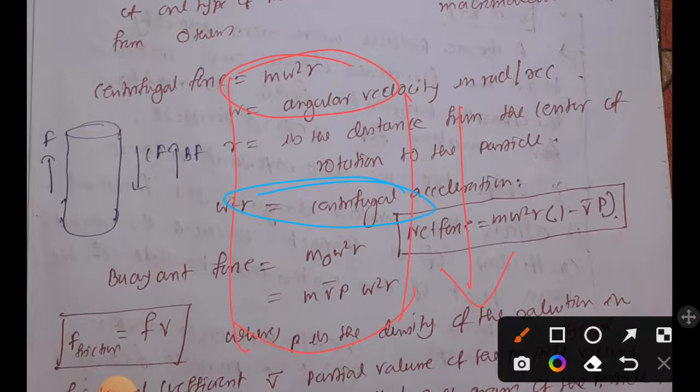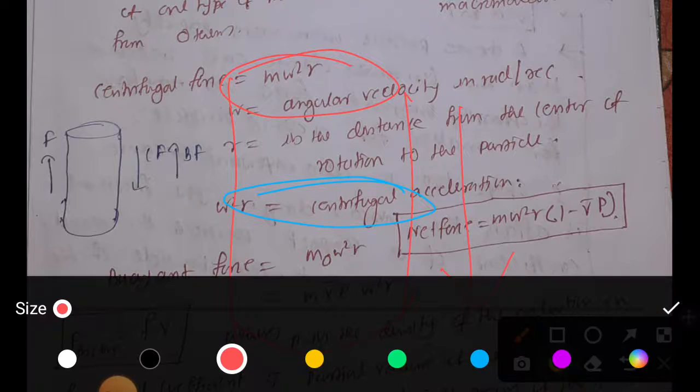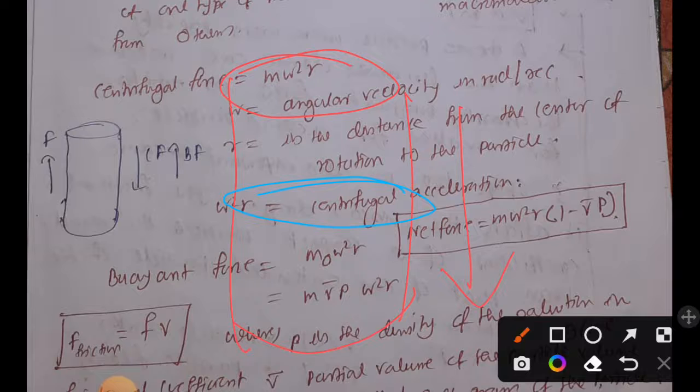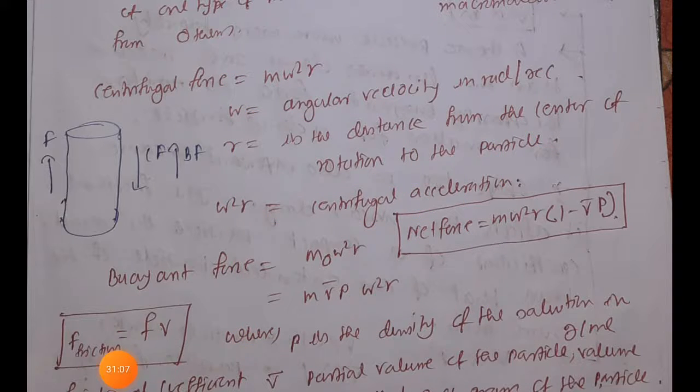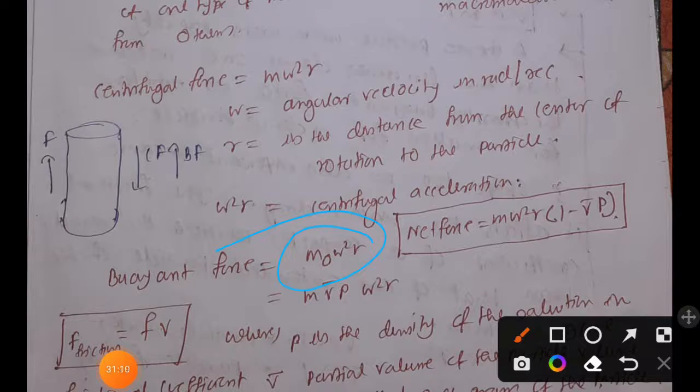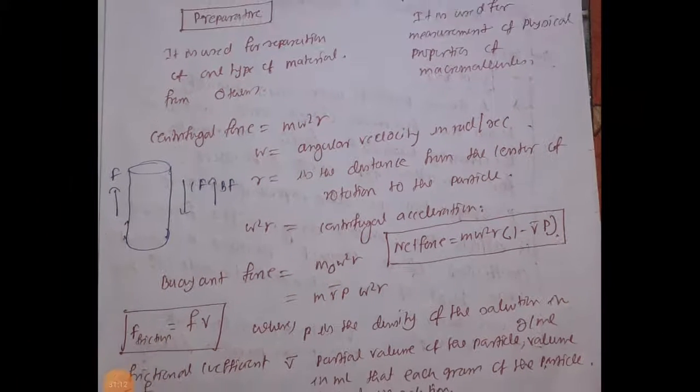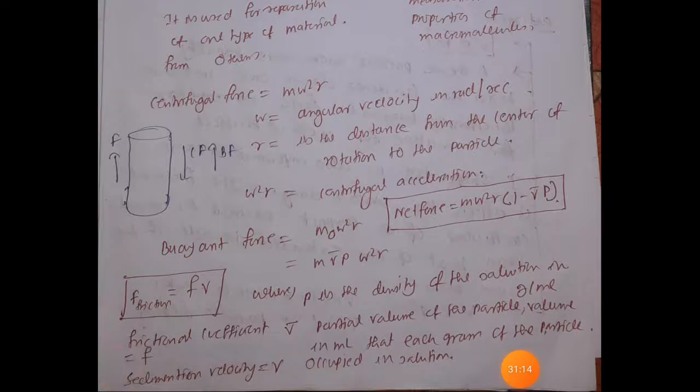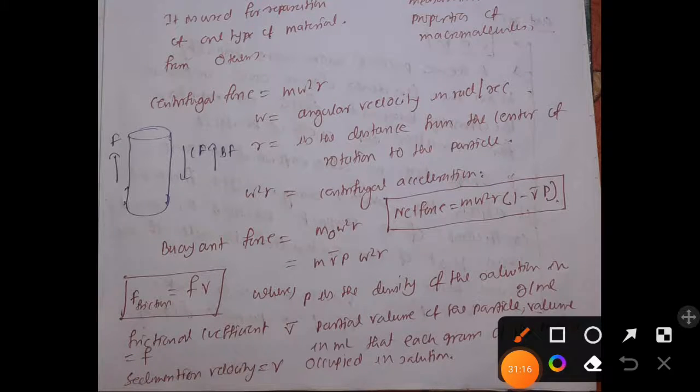But as it is in a liquid, there will be an opposing buoyant force that prevents our particles from sedimenting, so it works upwards. The formula of the buoyant force is m0 omega square r, where m0 is the mass of the solvent displaced by the particle.